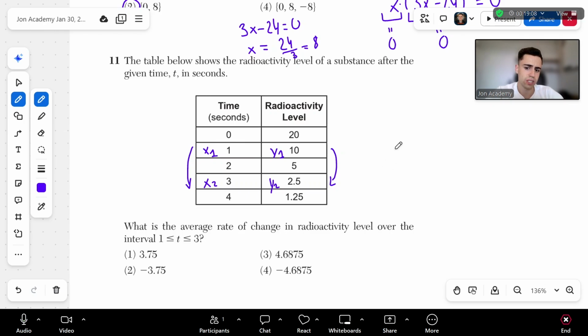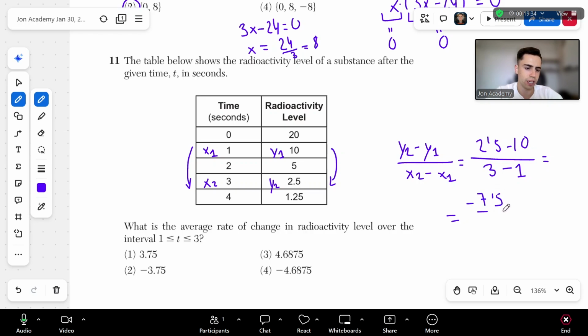And then the average rate will be y2 minus y1 divided by x2 minus x1. y2 was 2.5, no? Minus 10, divided by 3 minus 1. And this is gonna be minus 7.5 divided by 2, a negative number, and it's gonna be the second option, minus 3.75.